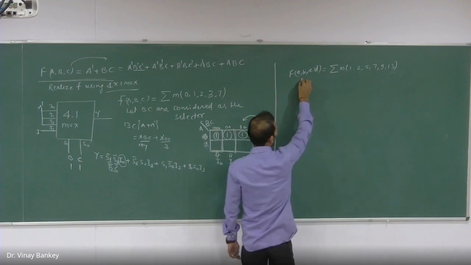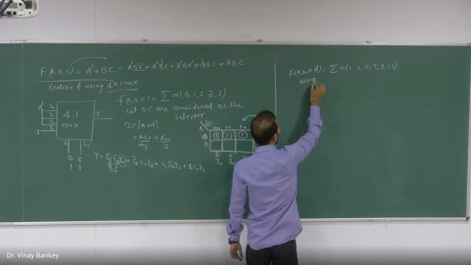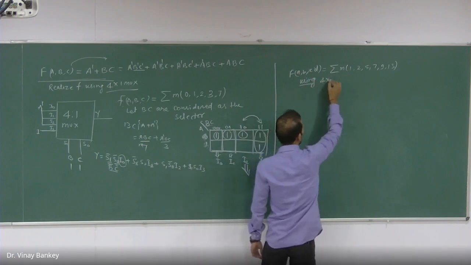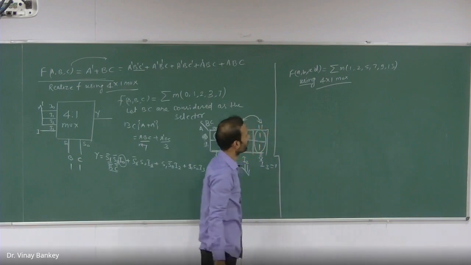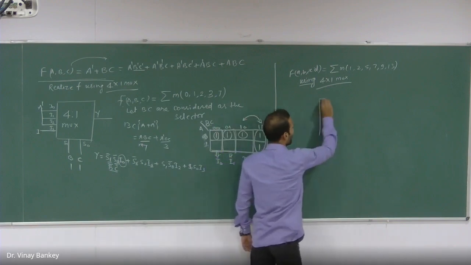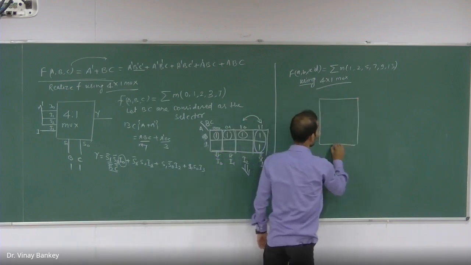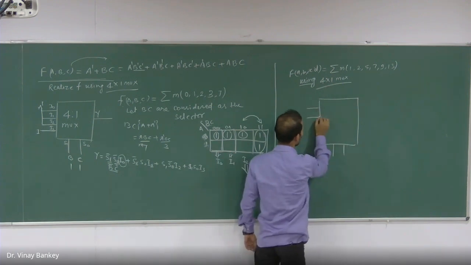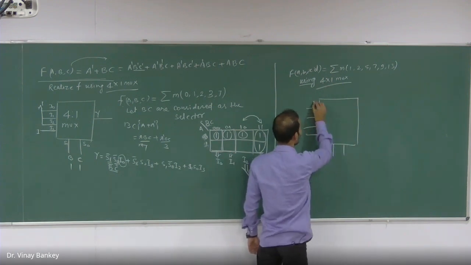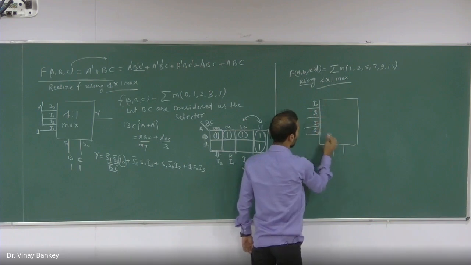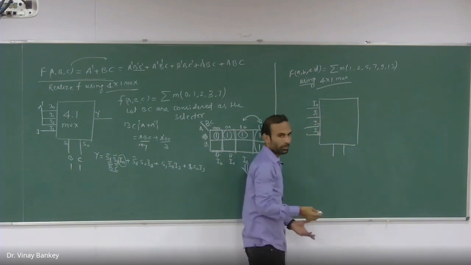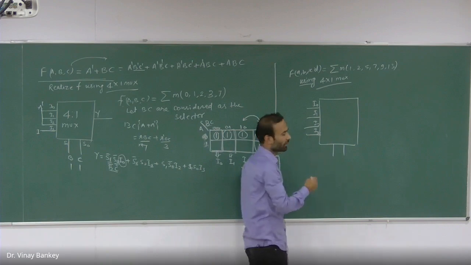And can you implement this Boolean function using 4 cross 1 multiplexer? So how will you proceed? See, I'm quickly solving this question. I will not take much time for this because this is very easy. But I want to show the K-map. Actually, the people make mistakes there.